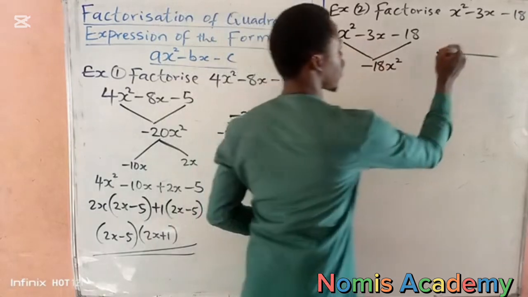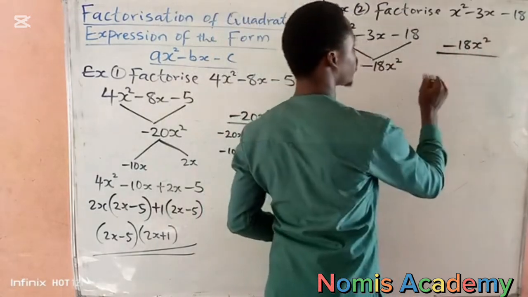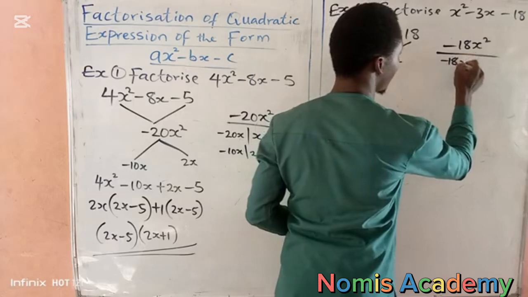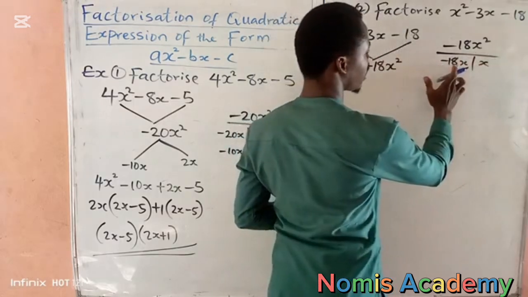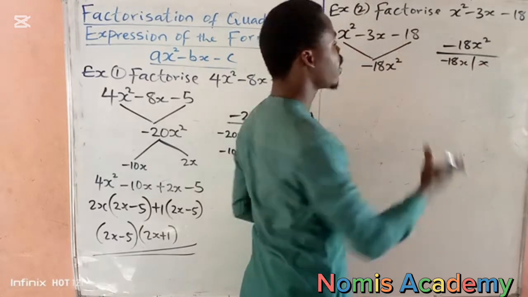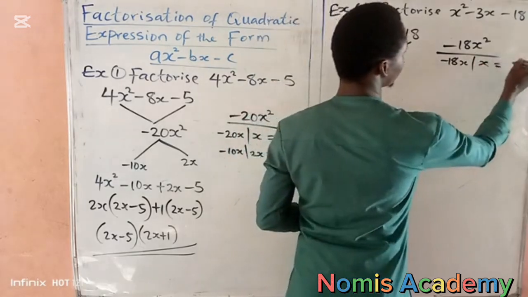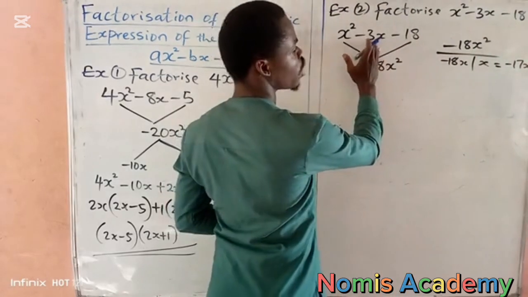So let's do that. Minus 18x squared. The factors are minus 18x and x. That is minus 18 and 1, then include the x. Now, the sum is minus 17x. This is different from what we are looking for.